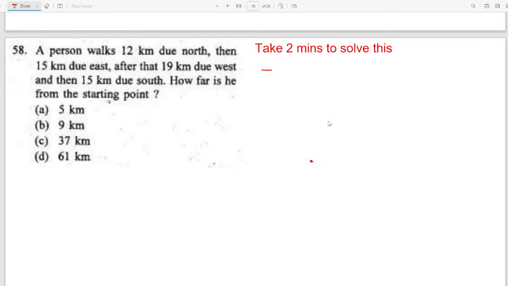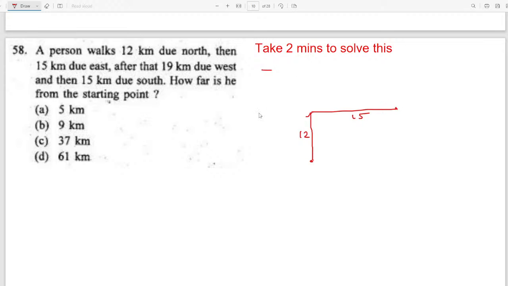Person walks 12 kilometers due north. This is 12 kilometers. And then he takes 15 kilometers due east. And then from here, 19 kilometers due west.